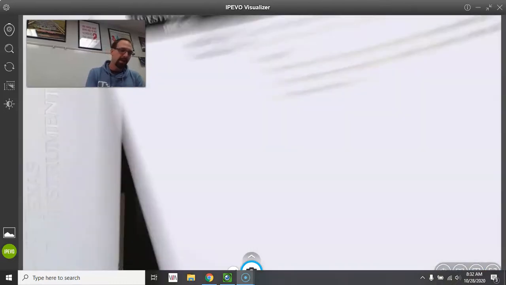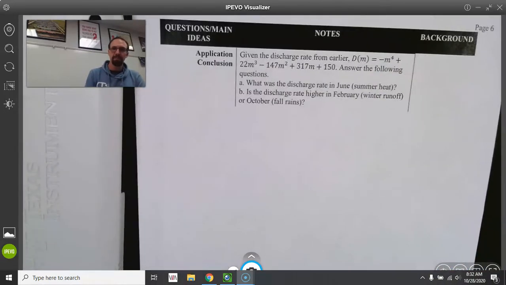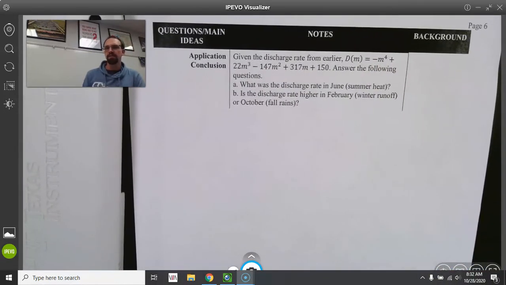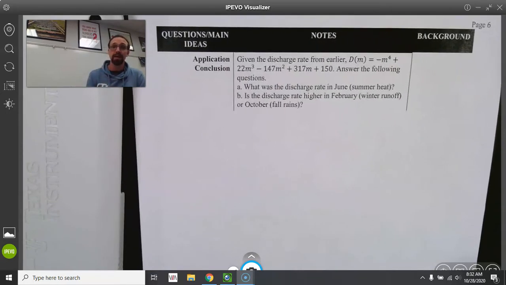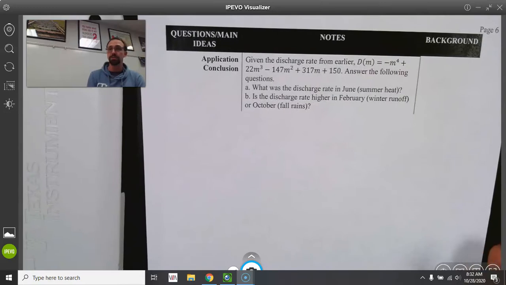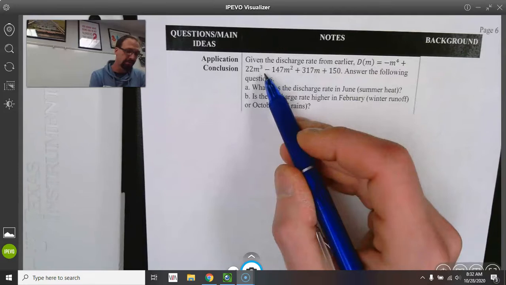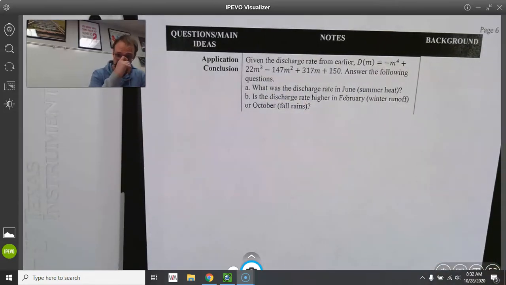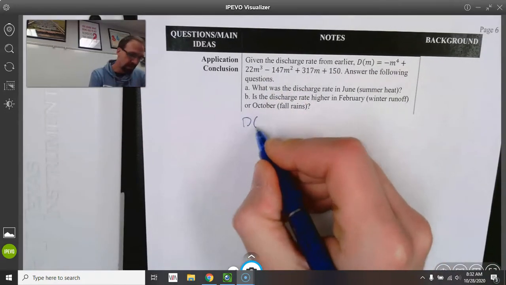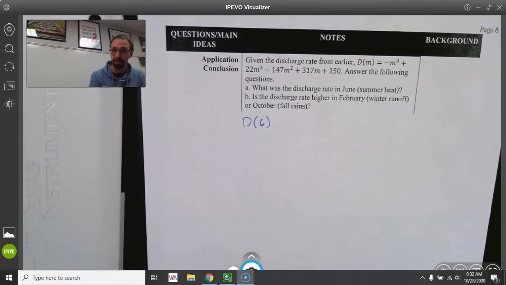And the last part that we have is the application from the beginning. It says, what was the discharge rate in June? Going back to the very front of the packet, it talks about where M is the month. So if I plug in June, or I do synthetic division with 6, I will find out what my value is for the discharge rate. So again, in this case, I could do d of 6, or I could do synthetic division.